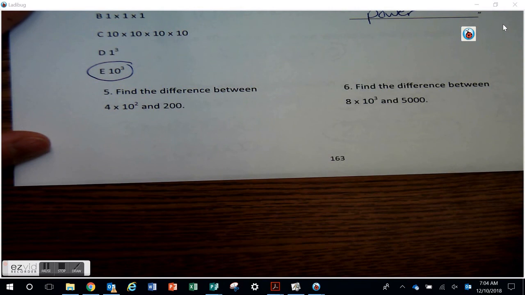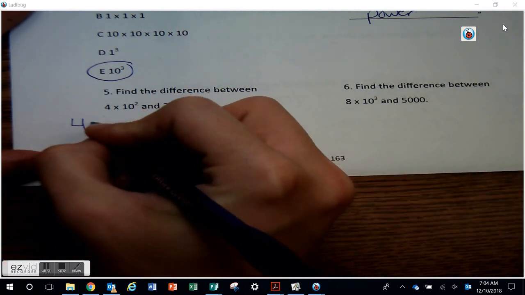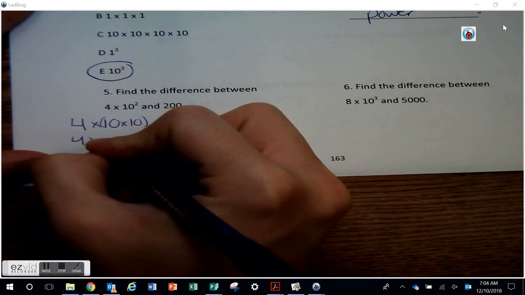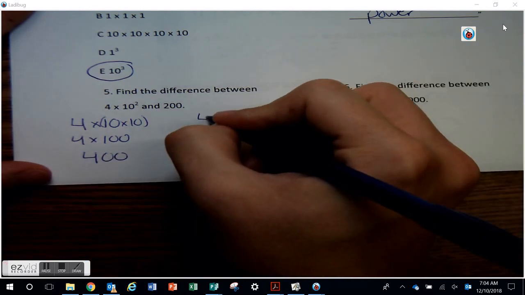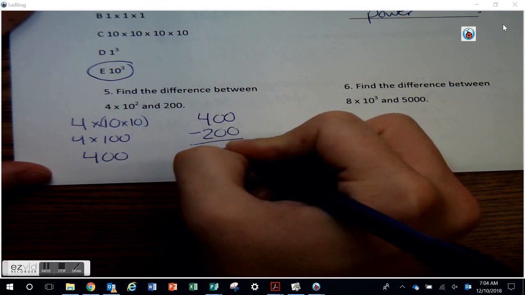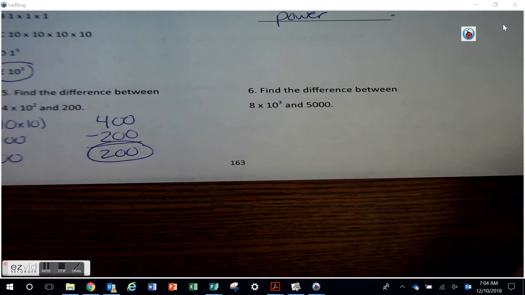Find the difference between 4 times 10 to the second power and 200. So that's going to be 4 times 10 times 10, which is 4 times 100, which is 400. So 400, now we have to do the difference, minus 200 is 200. Find the difference between these.